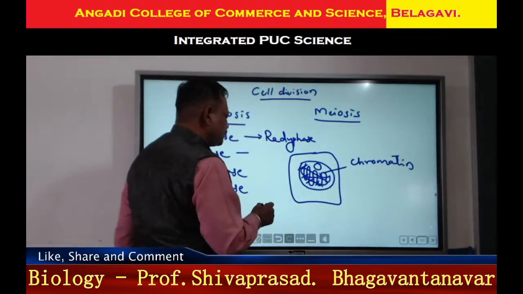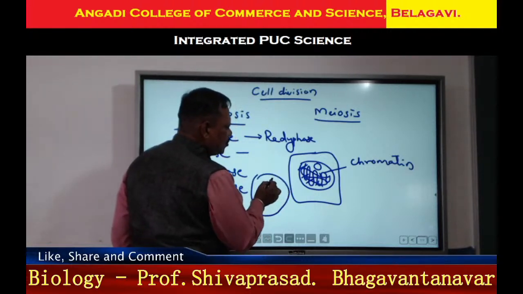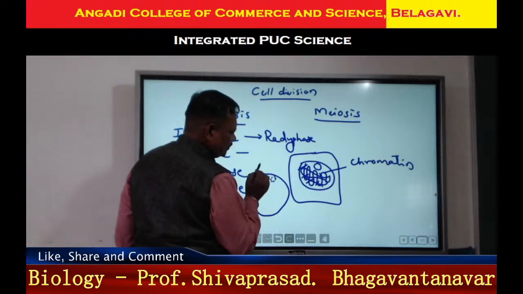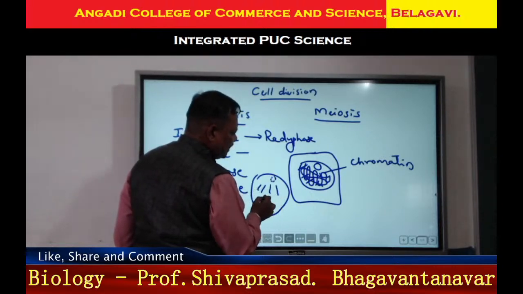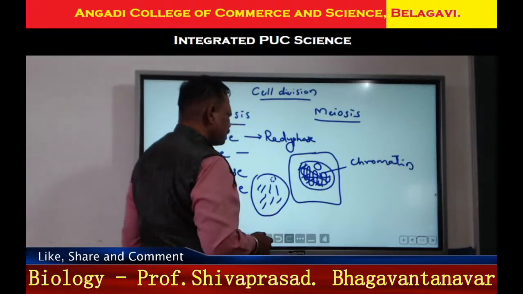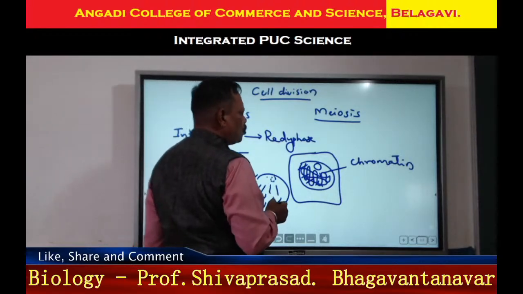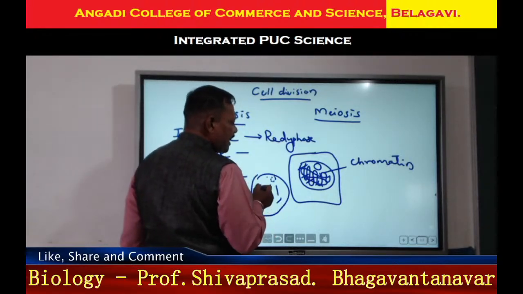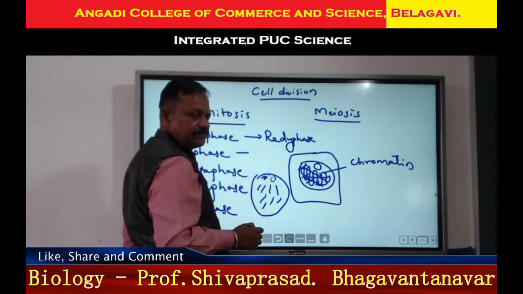Then what happens? In case of nucleus, nucleolus slowly disappears. Then chromatin forms bits, they are irregularly distributed along with centromere. And then whatever the centrosome is there, or centriole what we are calling, this centriole divides and slowly it forms the spindle fibers.